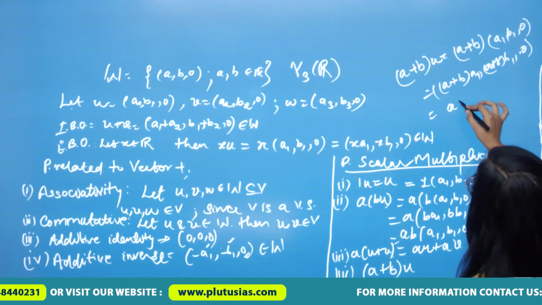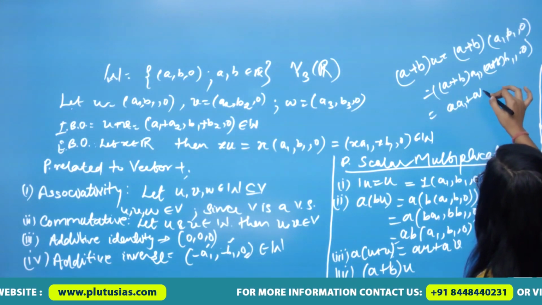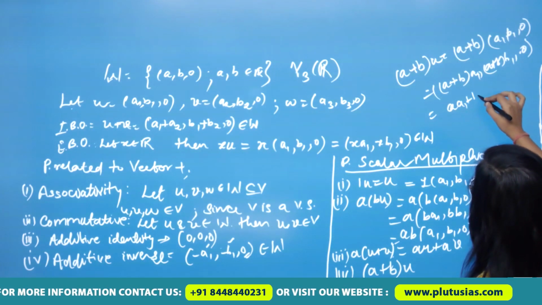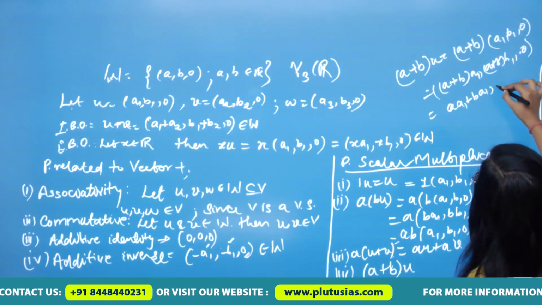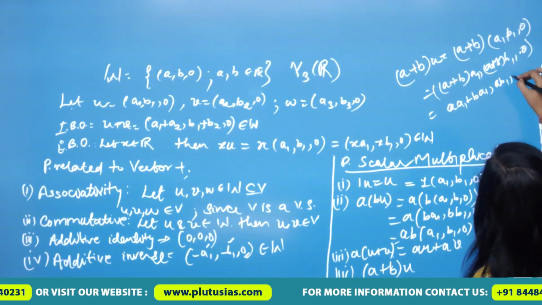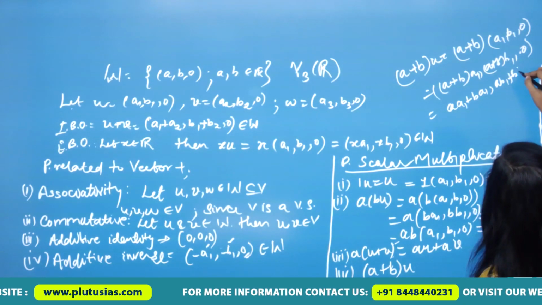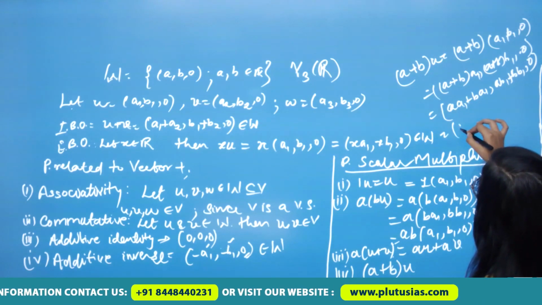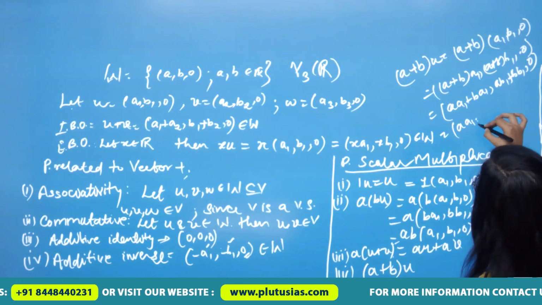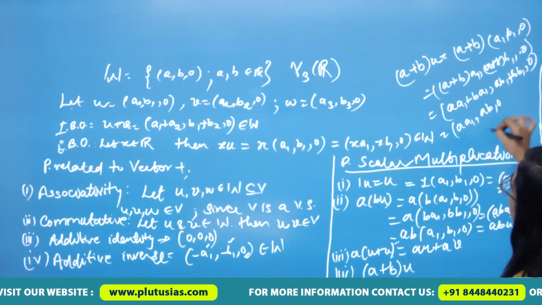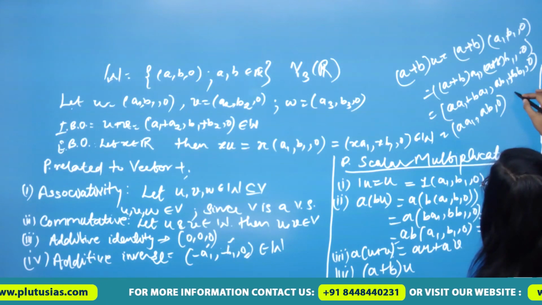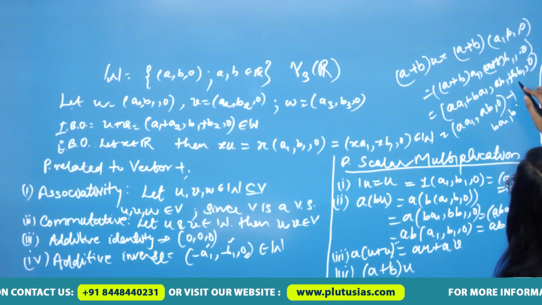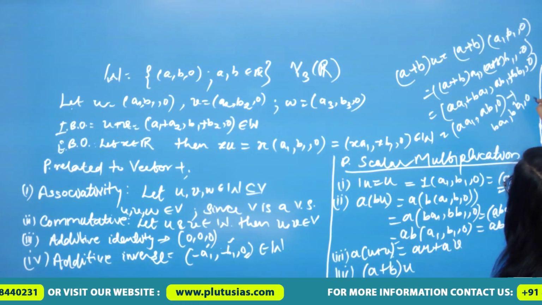This would be a1 plus ba1, not ab1, comma ab1 plus bb1 and 0. We can separate this, then we will write a1 comma ab1 comma 0 plus second ba1 comma bb1 comma 0.